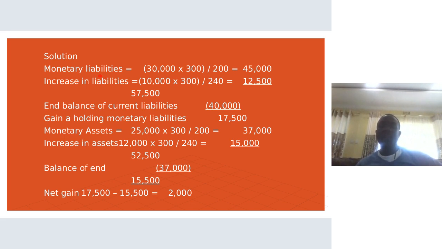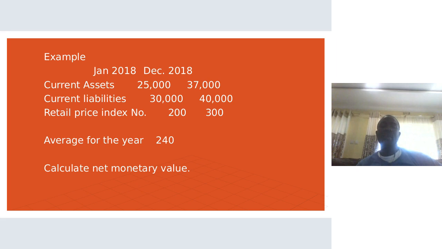the value of monetary liabilities. Now, if we look at the value of current liabilities in January, we had 30,000. Value was 30,000. Remember, the price index in January was 200. Price index in December is 300.